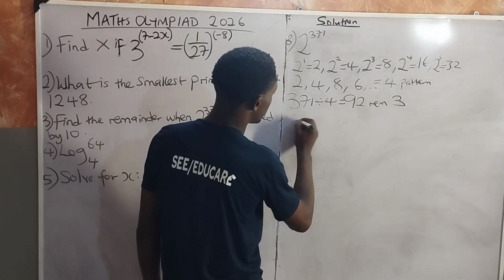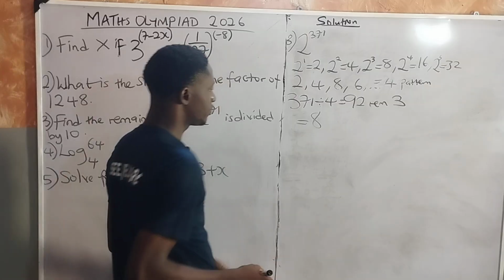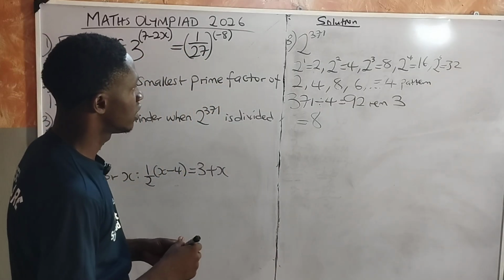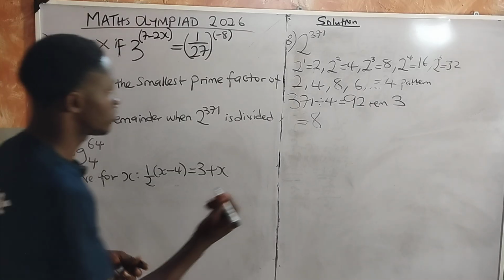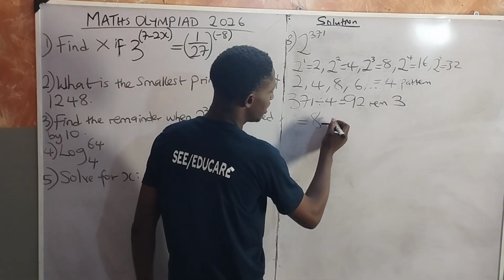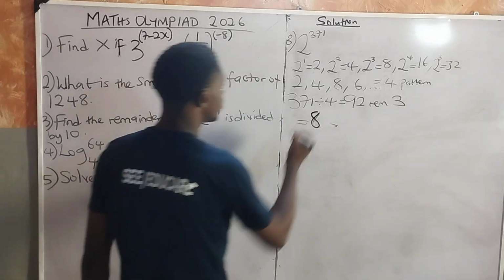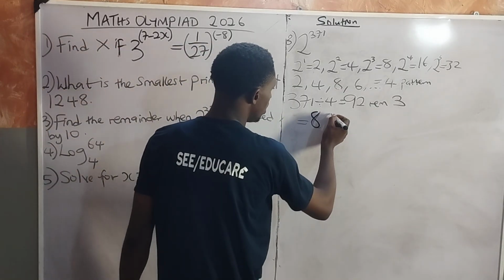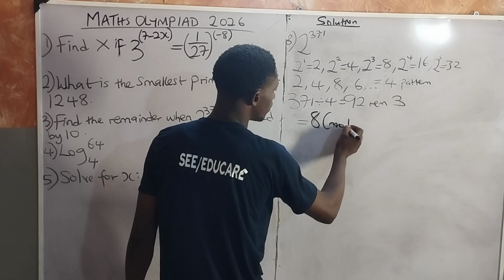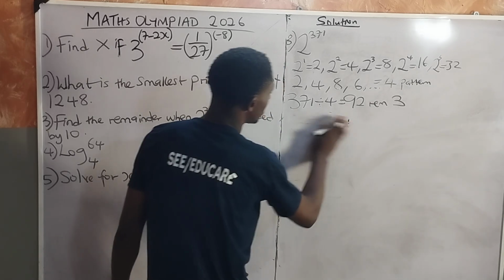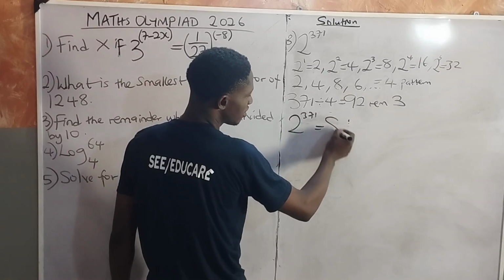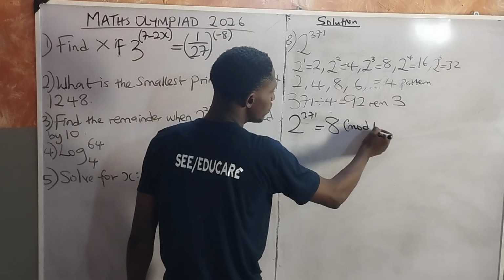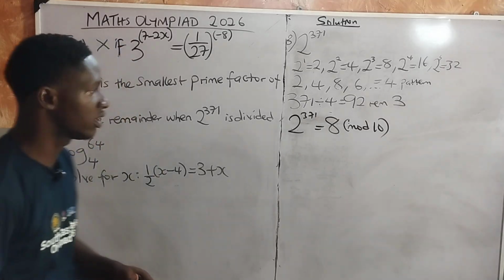We are told it is divided by 10. So this 8 divided by 10, we are talking about mod. So this is 8 mod 10, and that is the final answer.